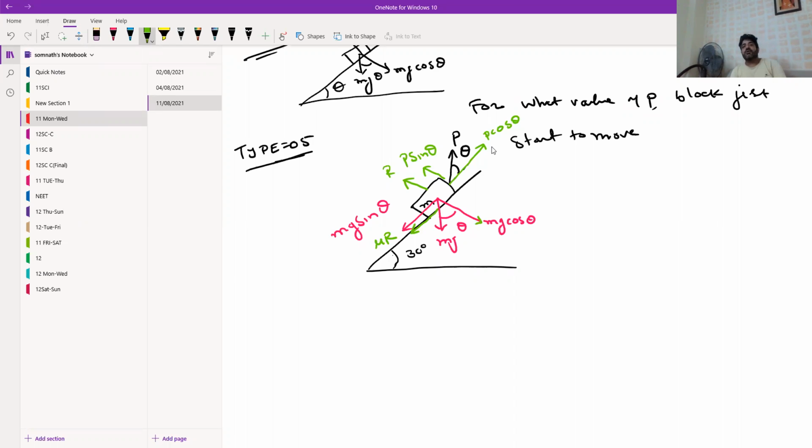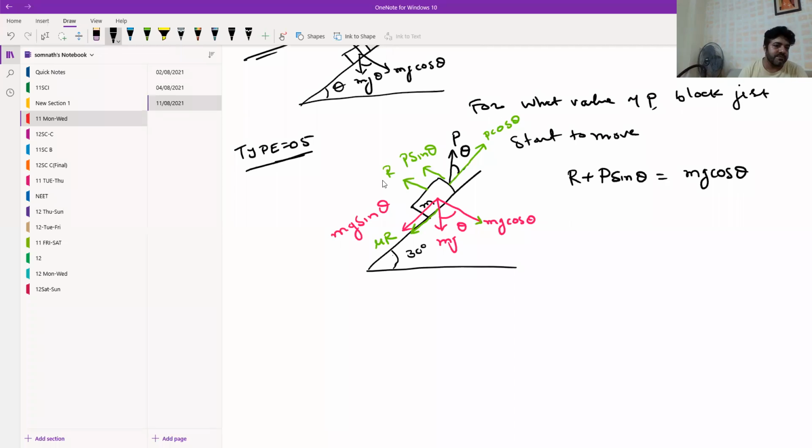Now see, first of all, the block is neither moving upward nor moving downward, so I can say total upward force balances total downward force. So R plus P sine theta is the upward force, which is balancing mg cos theta.